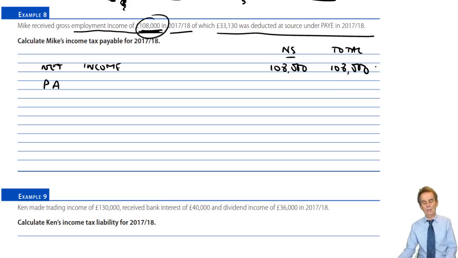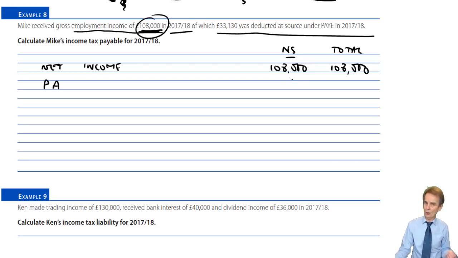Now, as soon as we see that our net income, and given that there are no further deductions from that, our adjusted net income has exceeded £100,000, we know that there's going to be a restriction in the personal allowance. There'll still be some personal allowance available to the taxpayer, because at £108,000 that of course does not exceed £123,000.